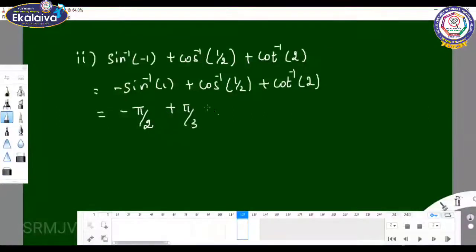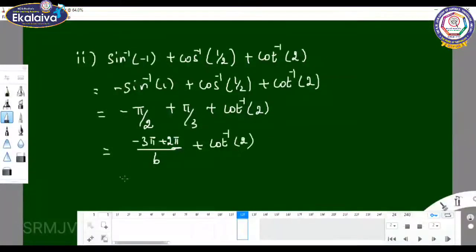But we don't know the value of cot inverse of 2, so you leave the term as it is. Take the LCM of these two values. 6 is the LCM: minus 3 pi plus 2 pi, plus cot inverse of 2.